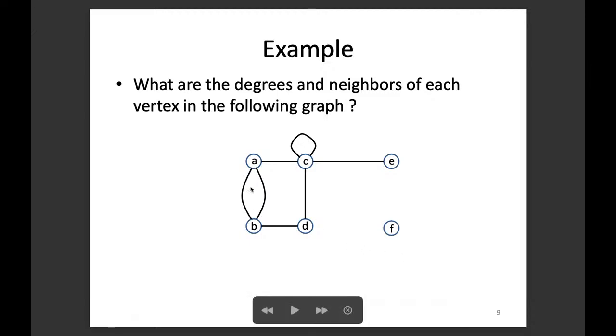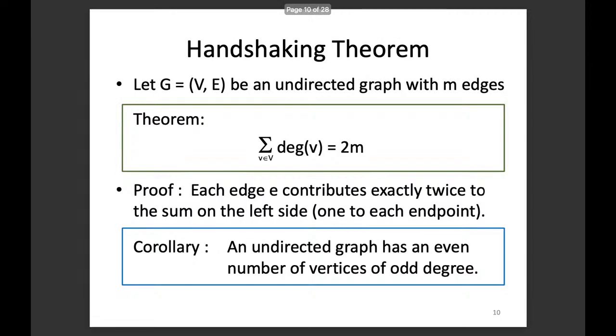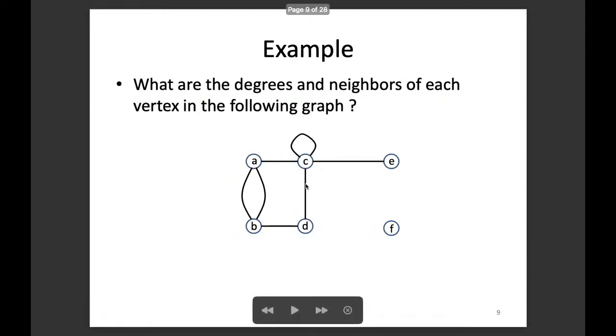And then how many edges are there? 1, 2, 3, 4, 5, 6, 7. There are 7 edges. So 14 is exactly the same as 2 times the number of edges, 7. The reason is very simple. We are using a combinatorial argument, because each edge contributes a value of 2 to the total degree.